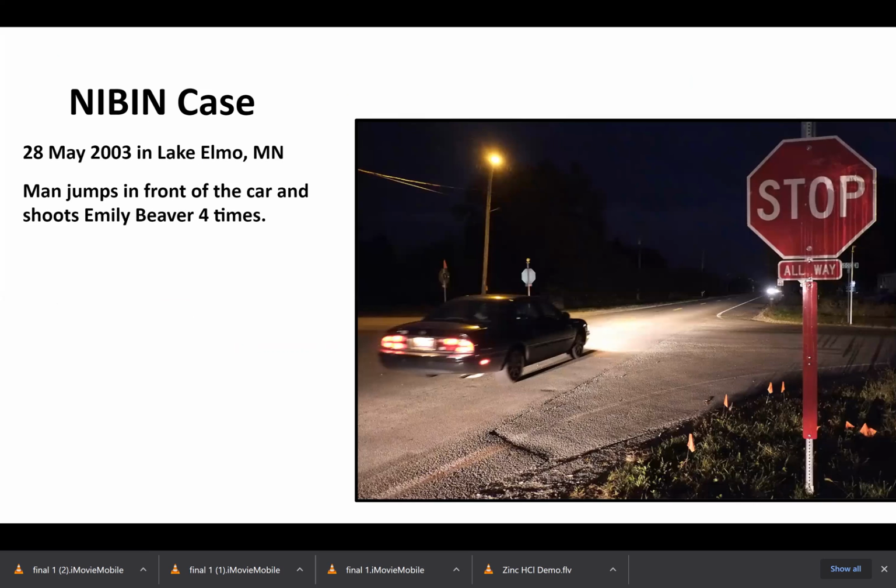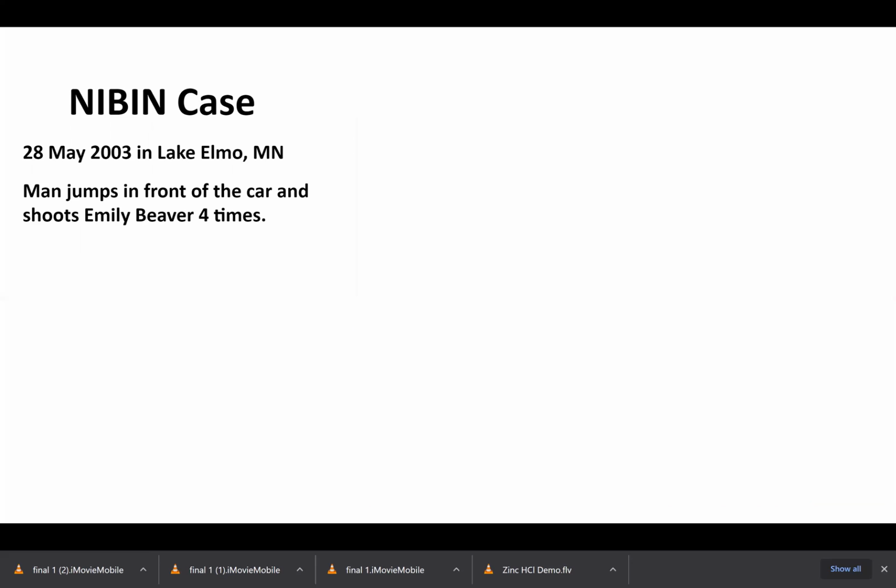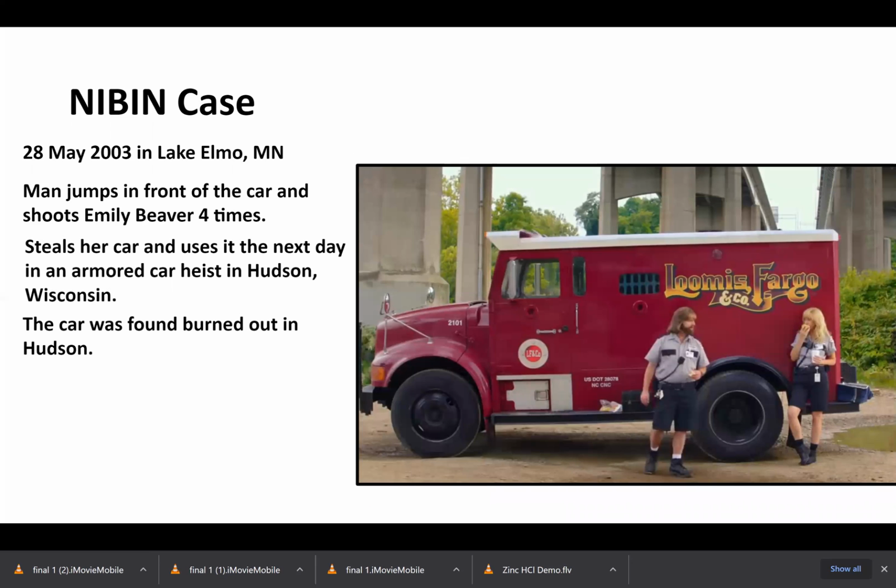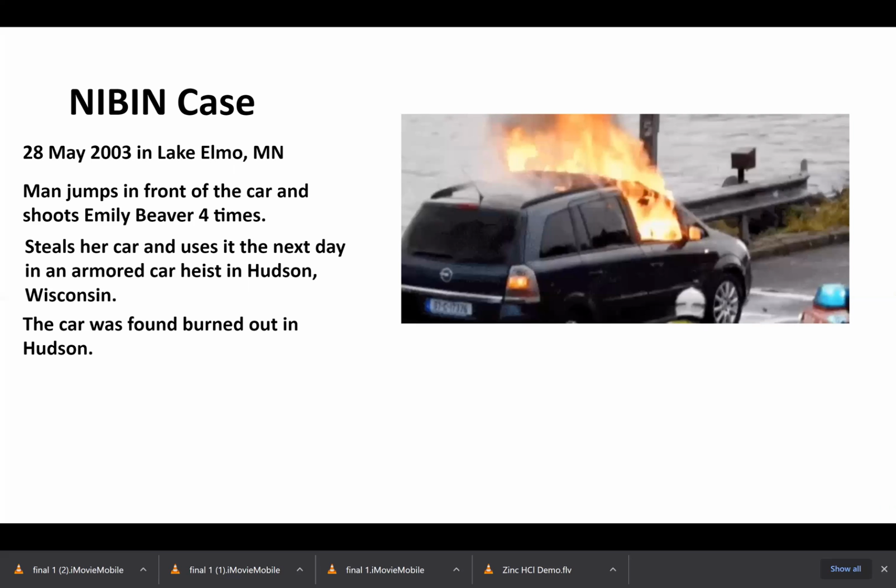All right, just to give a little bit more interest, hopefully, here's a NIBIN case. In May of 2003 in Minnesota, a man jumps in front of a car and shoots Emily Beaver 4 times. He steals her car and uses it the next day in an armored car heist in Hudson, Wisconsin. The car was found burned out in Hudson.